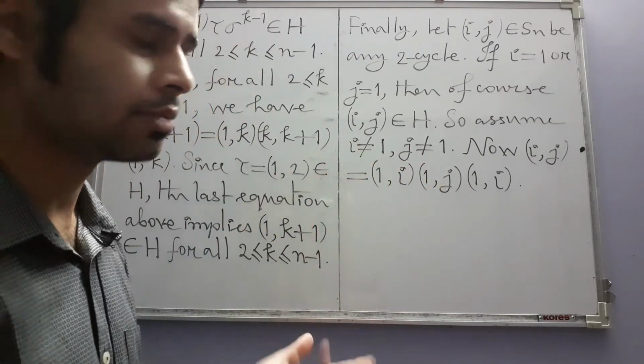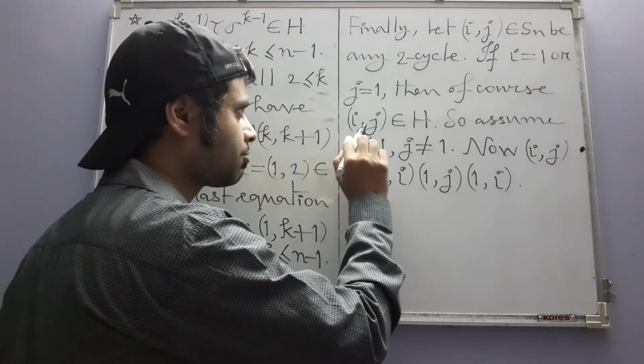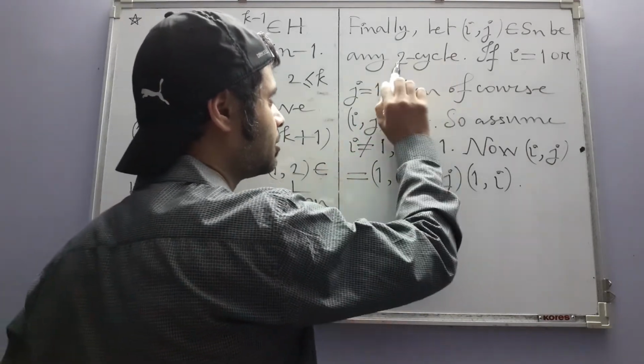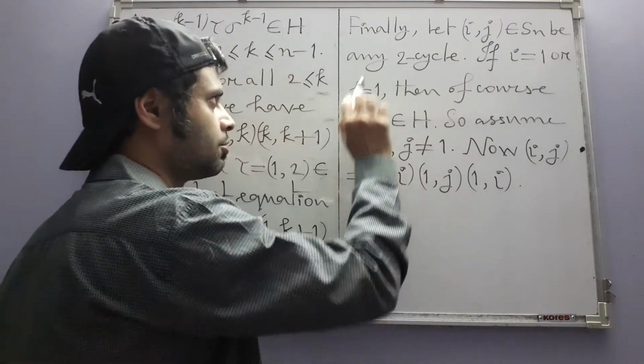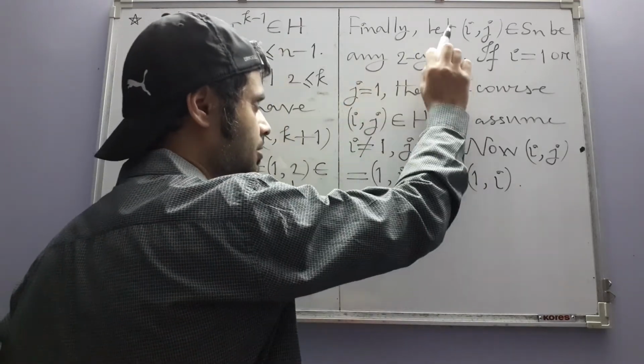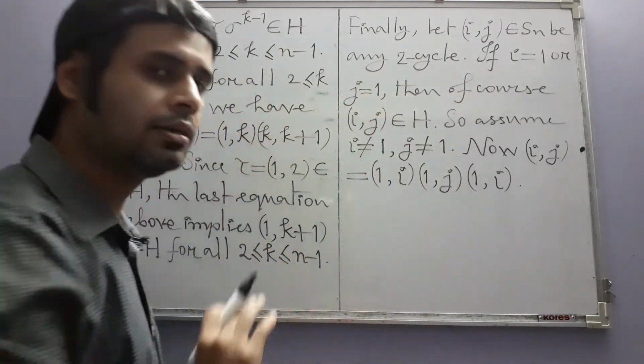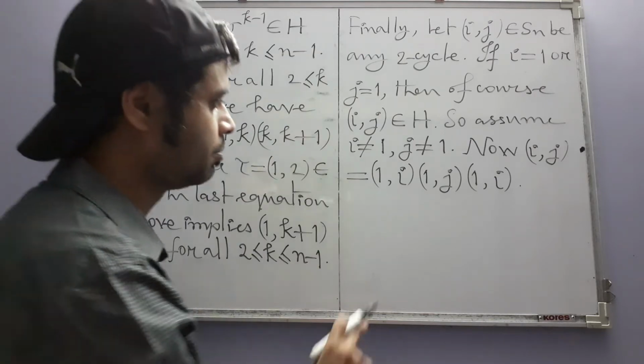And where is that coming from? That is coming from the fact that we are considering a 2 cycle (i j), so from the fact that this is a 2 cycle, i and j are distinct, so that's where it's coming from.